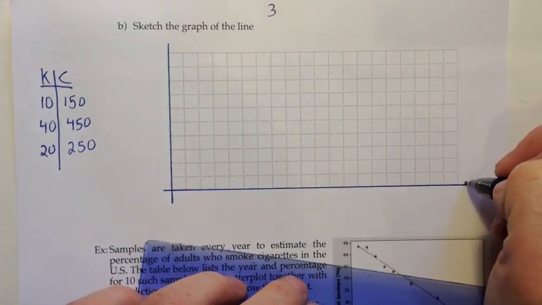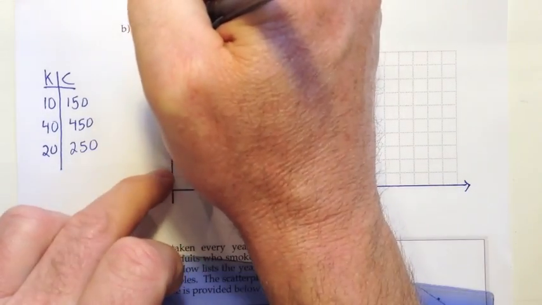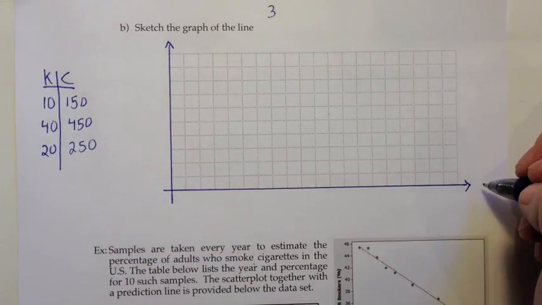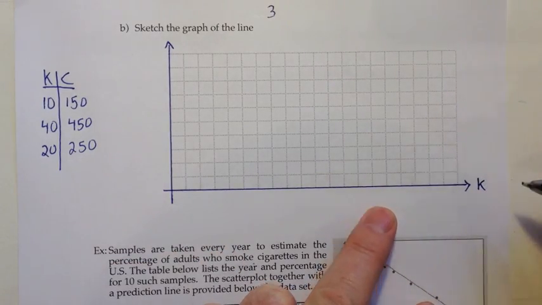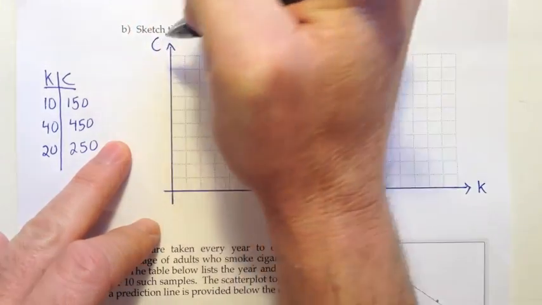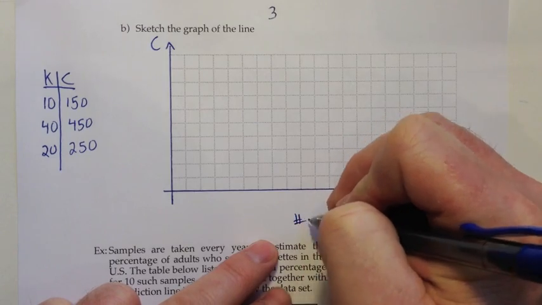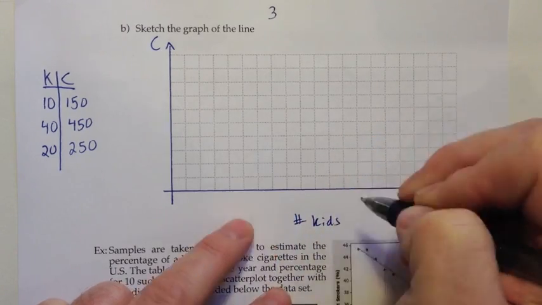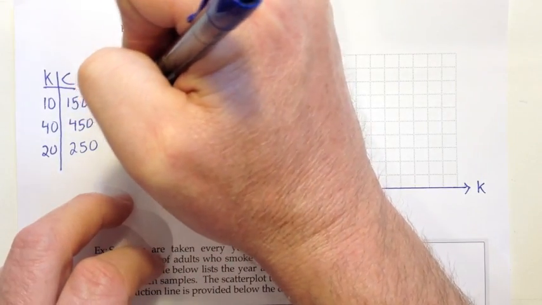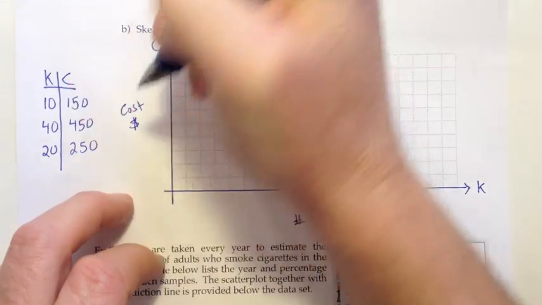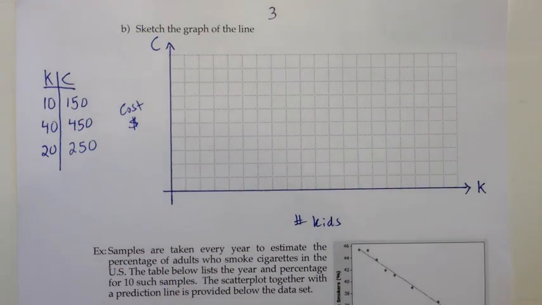So in this case, left and bottom do make sense. And then the input will be our kids, and the output will be the cost. It might even be good to label that as number of kids and cost, and maybe even remind ourselves that the units there are dollars.